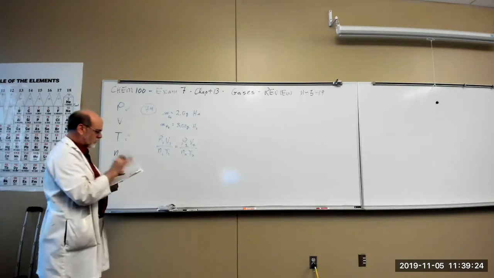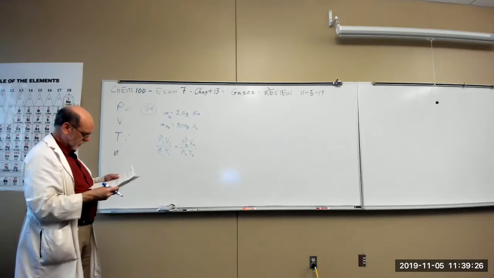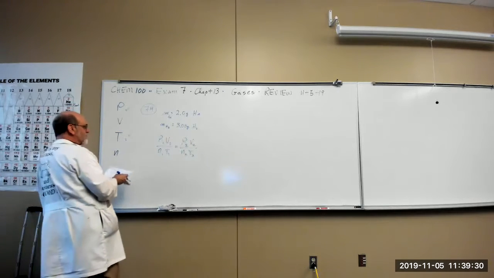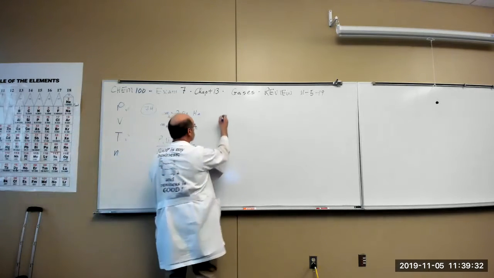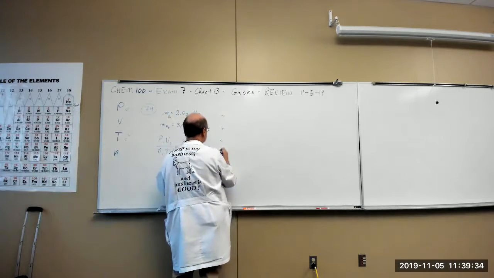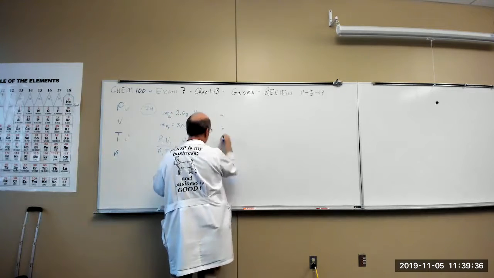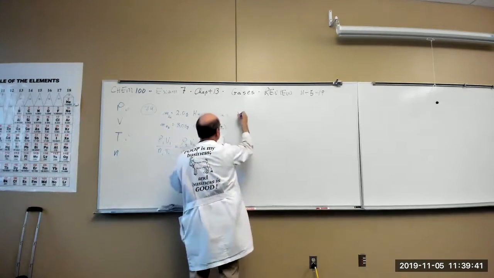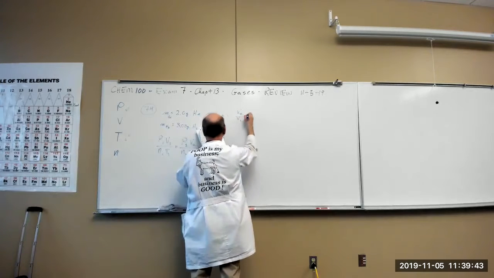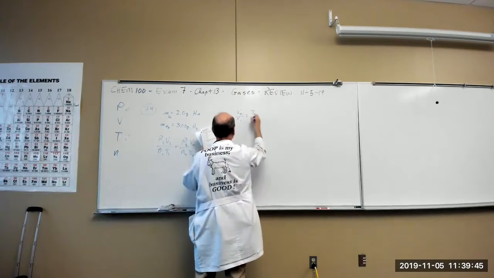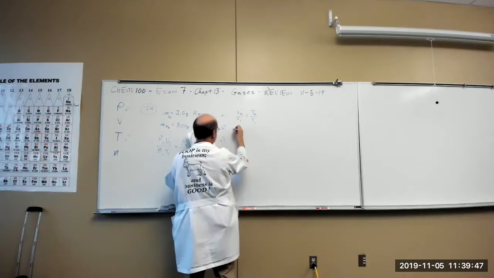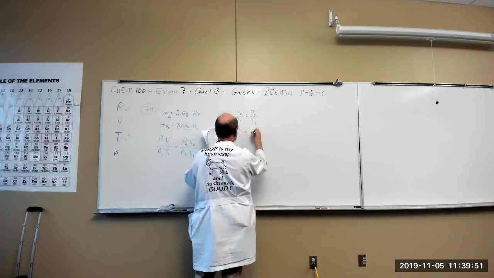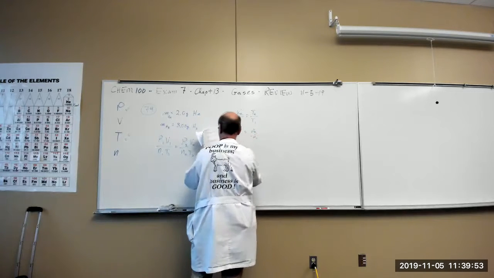Then, with that being said, look at your choices, right? A, B, C, D, or E? So this one has V2 over V1 equals T2 over T1. This one has P2 over P1 equals N2 over N1.